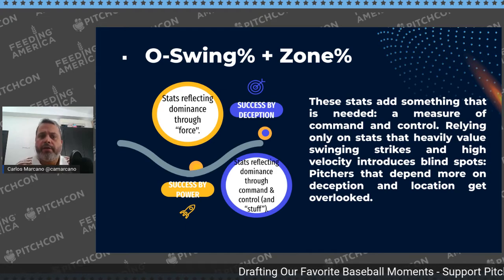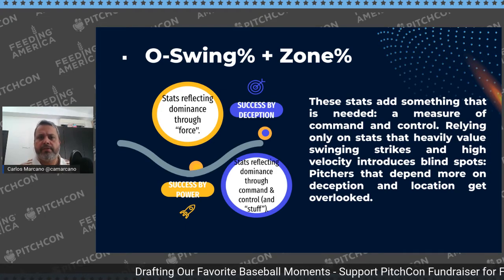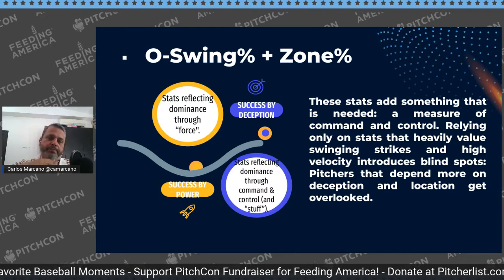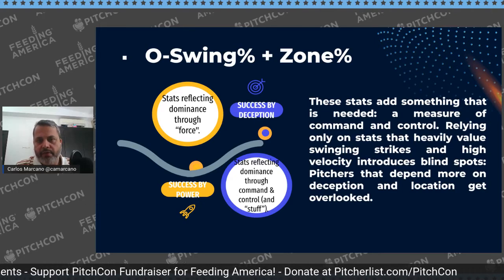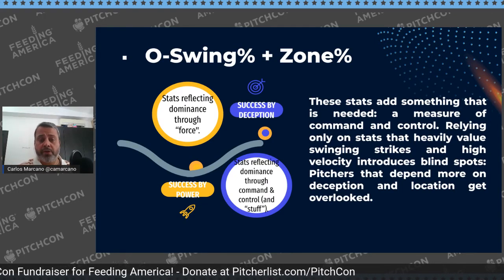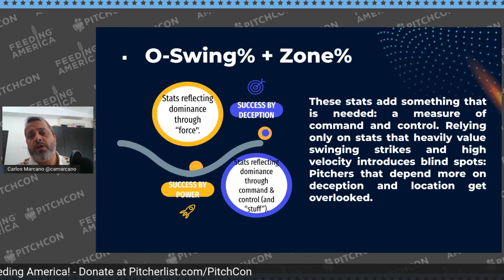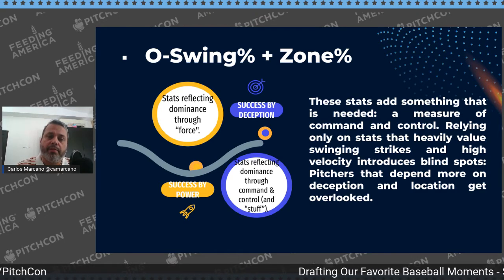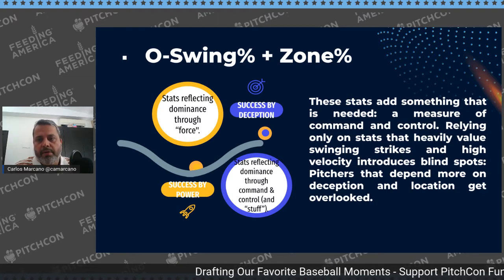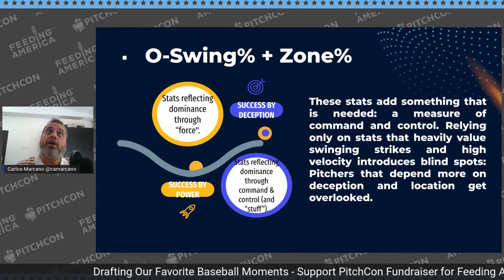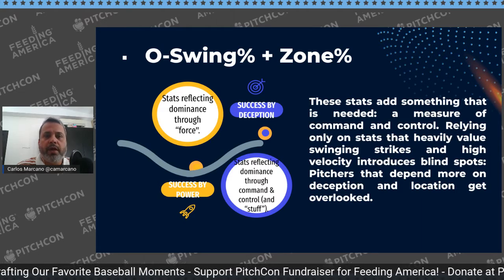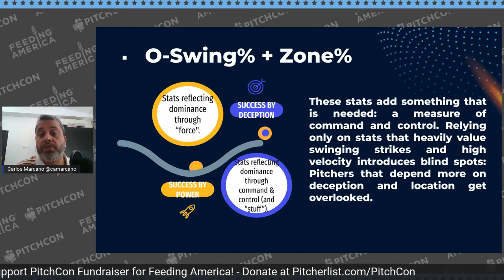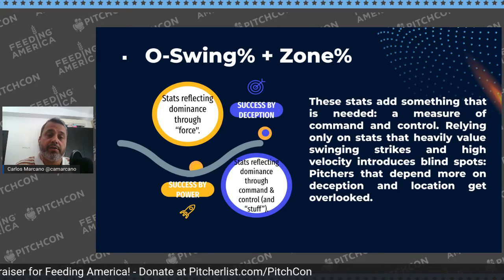On the second part, we have the stats that create success by deception. There's a ton of them. There's thousands of them. In previous inceptions of SpeX, I used to use first strike percentage and contact percentage among others, and I got good results, but not as good as these other two that were originally suggested by Jeff Nicholas, by the way.